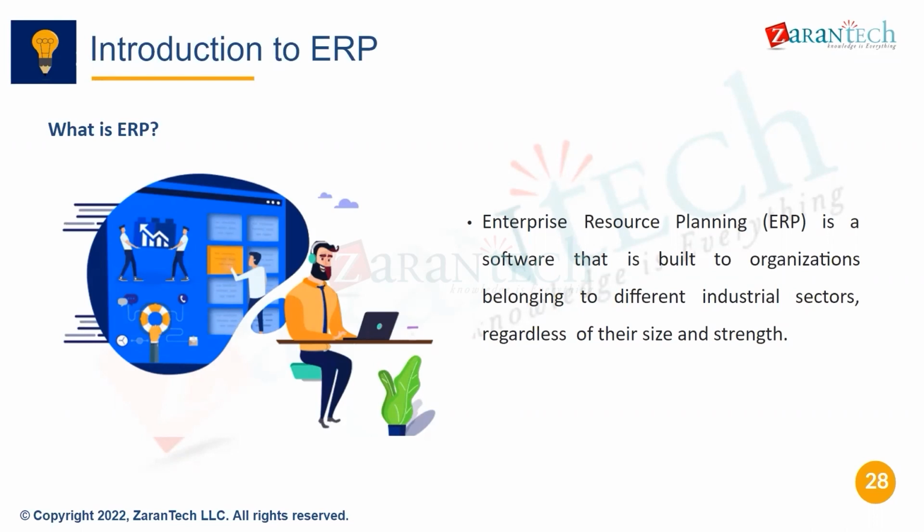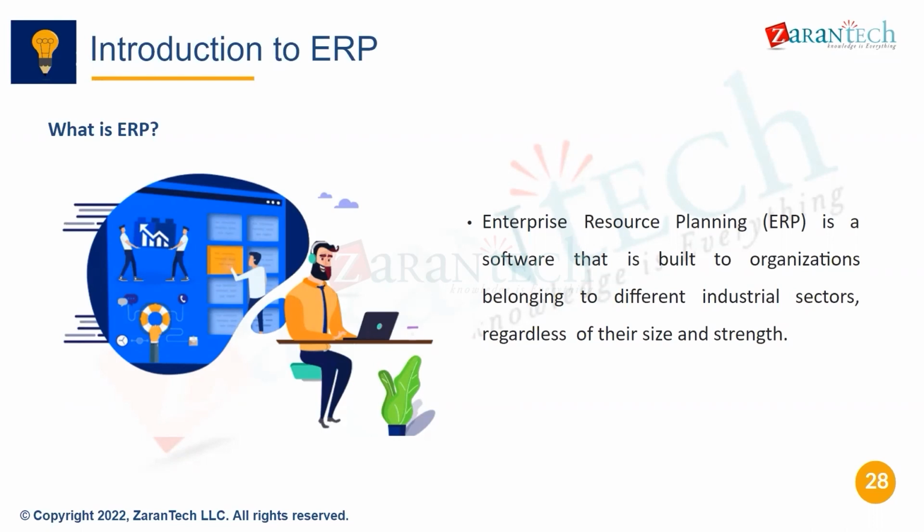Okay, so you can find ERPs that are applicable for small companies to medium to large size companies. So SAP also has several products that are applicable to each industry.